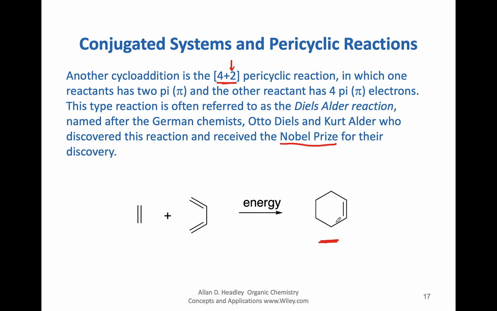And as you know, in nature, a large percentage of organic compounds are 6-membered rings. So this gives a way of making 6-membered rings by a 4 plus 2 cycloaddition. So a lot of times we will refer to this 4 plus 2 as our Diels-Alder reaction.